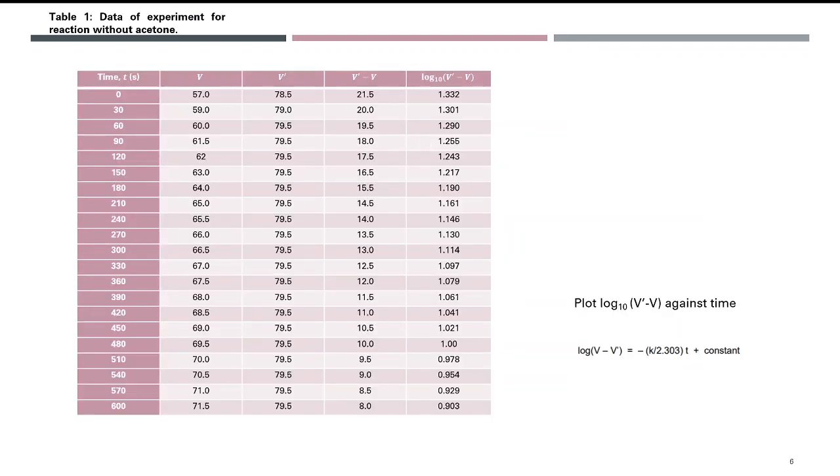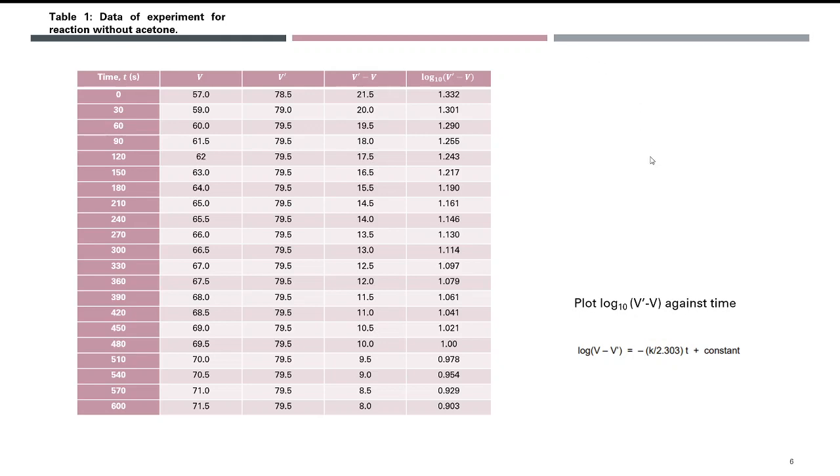All right, so these are the data by the students, pair of students. This is the one without acetone. So you have here the values that are needed. Your concern is only with the log here and the time. So what you need to do is just plot this against time and use this equation to find the dissociative constant.